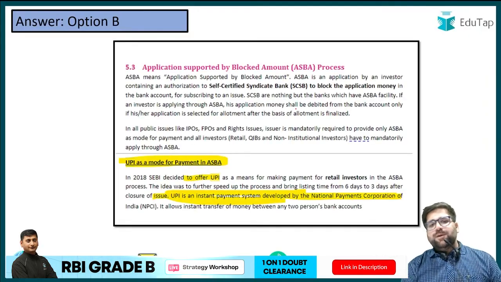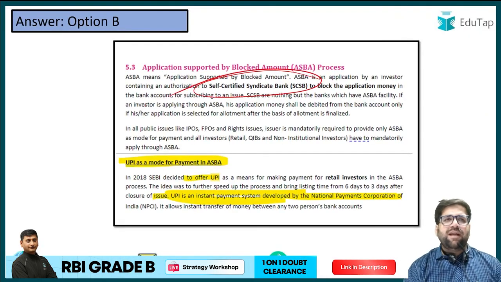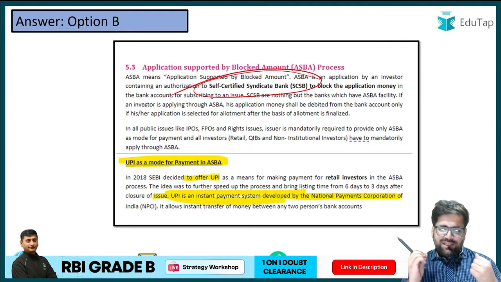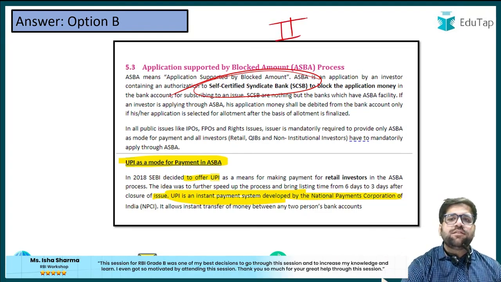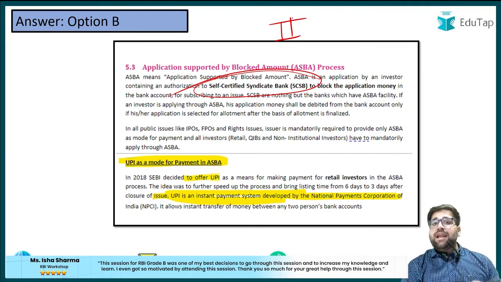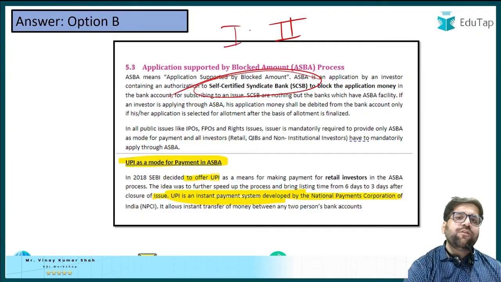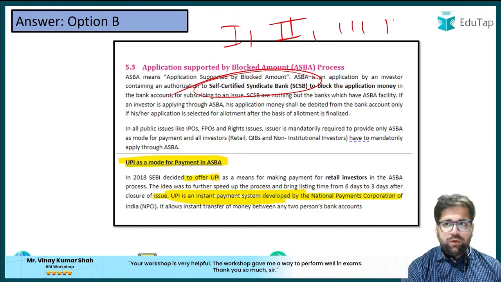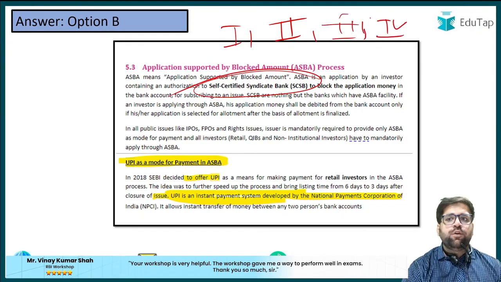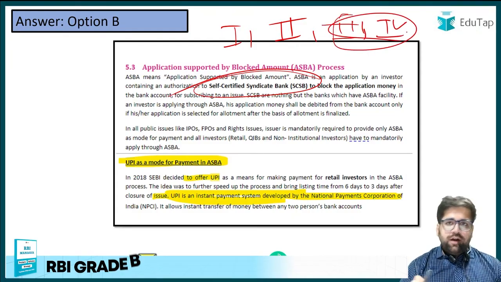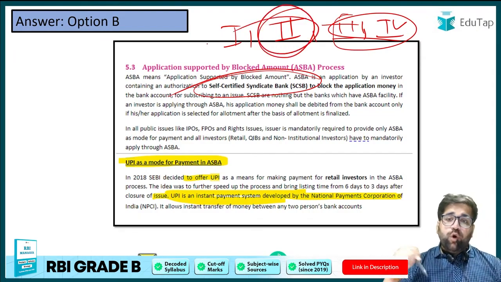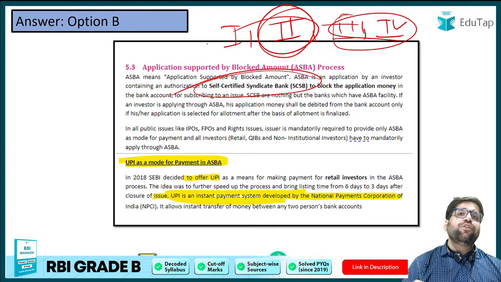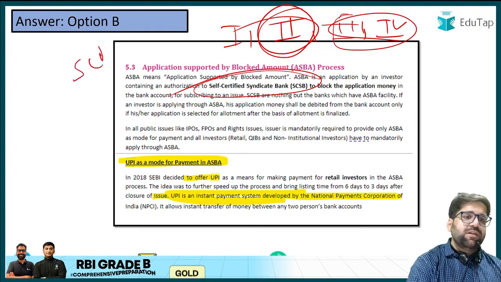So what is this particular self-certified syndicate bank? Nothing much to discuss, just keep things very easy. We might have understood that the RBI Act 1934 is divided into 4 schedules. Out of these, the third as well as the fourth schedule are of no use. The most important schedule is the second. So all those banks which come under the second schedule of RBI are known as scheduled commercial banks.